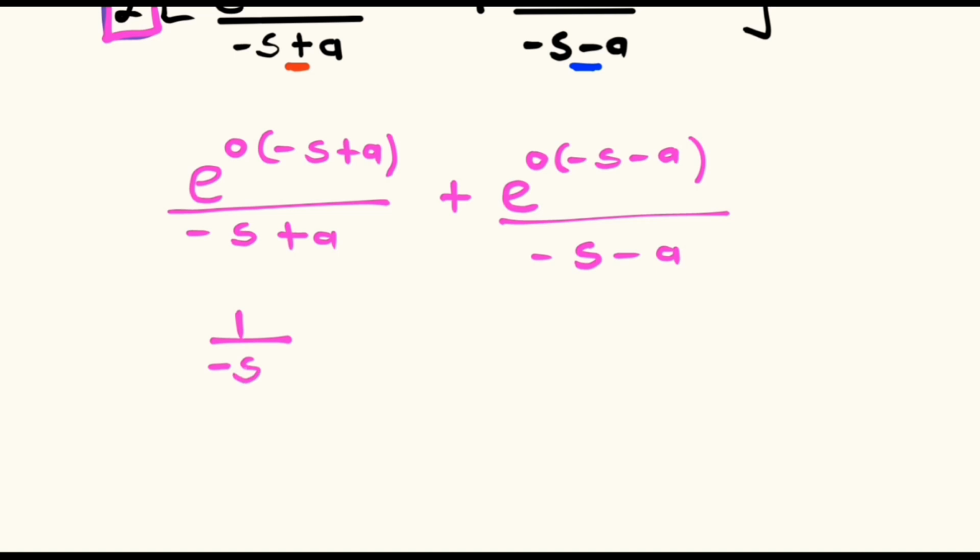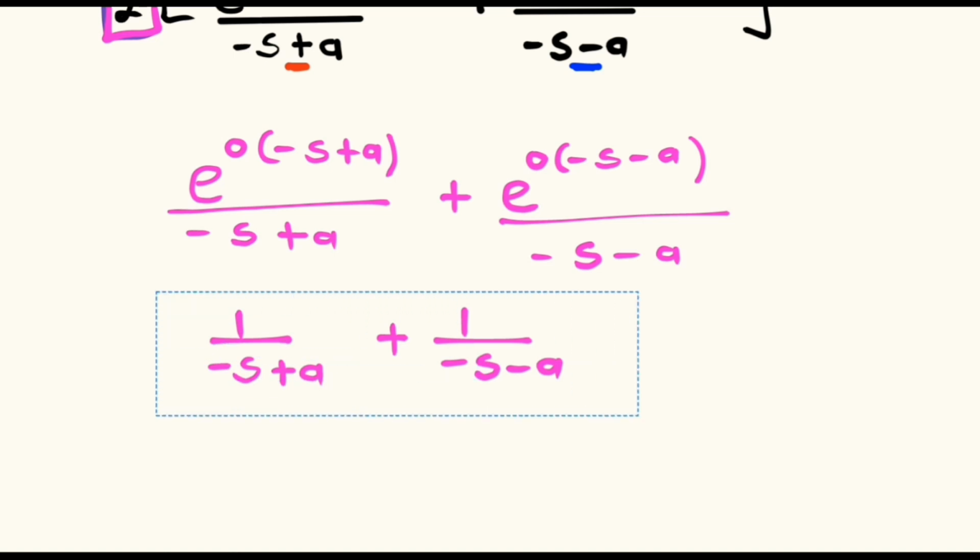This is divided by negative s plus a, plus 0 multiplied by negative s minus a will be 0, and e raised to the power 0 will be equal to 1. So we have 1 divided by negative s minus a.